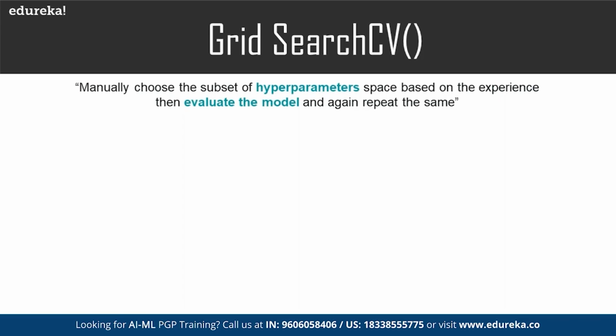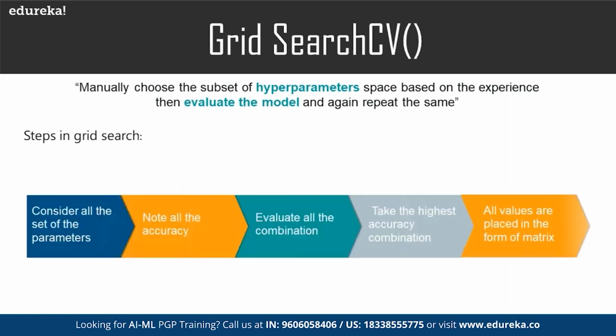So we move grid-wise here. We consider the set of parameters that are needed, and we note all the accuracies yielded with the different sets of parameters, evaluate them by combining all of them, and then we take the highest accuracy from the combinations.